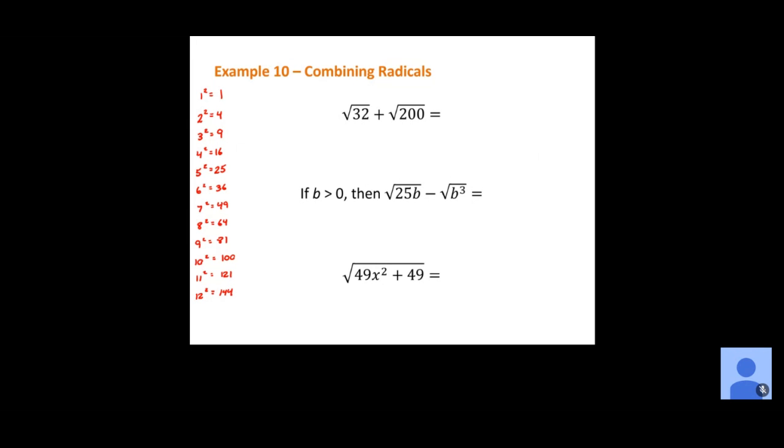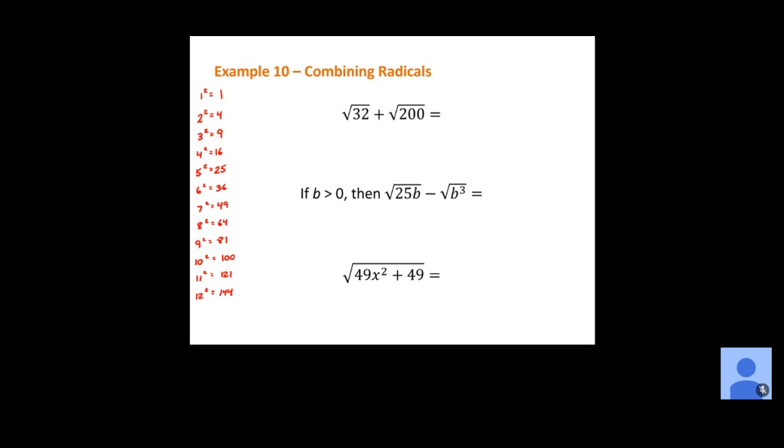If you know all the way up to 12 squared, I think those are the ones you probably need to know from memory. Anything beyond that, you could probably just use a calculator. But if you can at least remember the ones from 1 squared through 12 squared, those are the perfect squares you need to know.